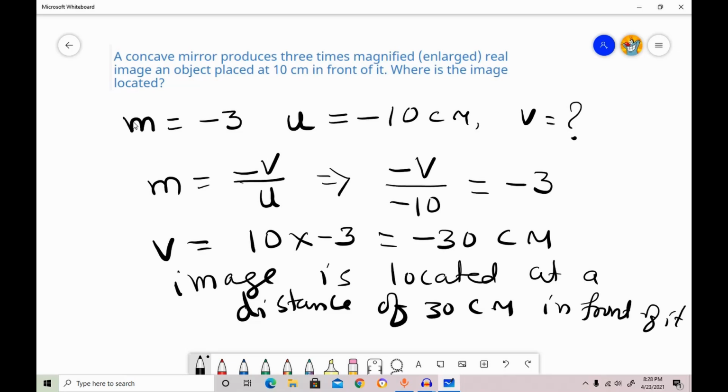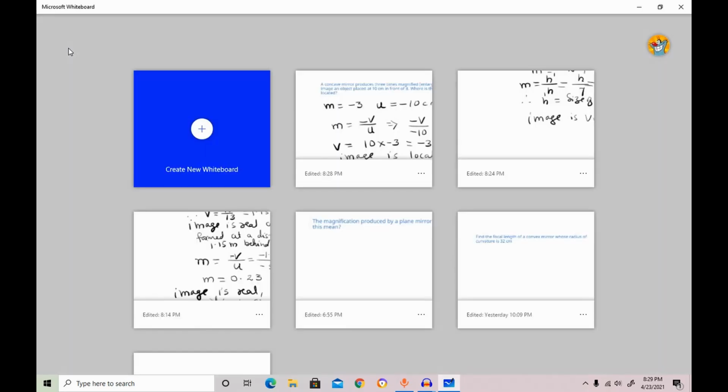Only this answer is being asked. No need to write the nature of the image. If they ask what is the nature of the image, then only you write that it is inverted. Real is already given. So you will find out the image location. Next, go to the other one.